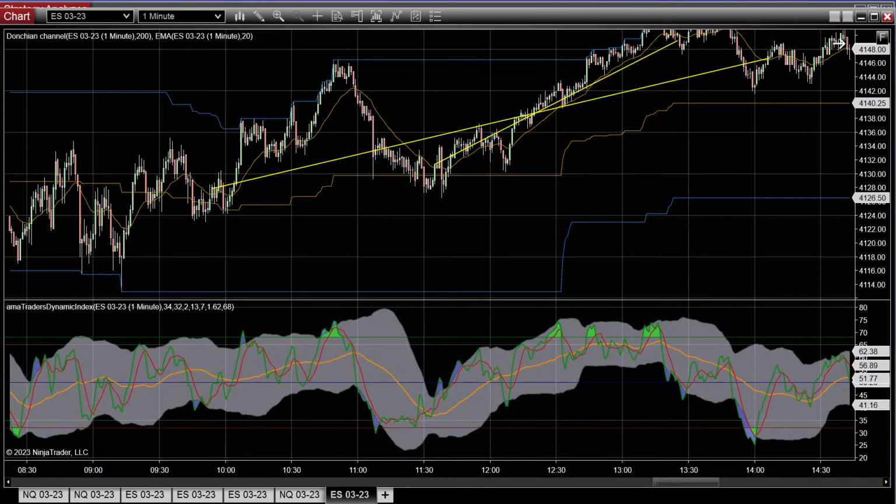Now, if price crosses above the EMA, as long as the EMA never crossed beneath the middle Donchian, that creates a pattern. So the initial state doesn't create a pattern; it just creates a state, right?